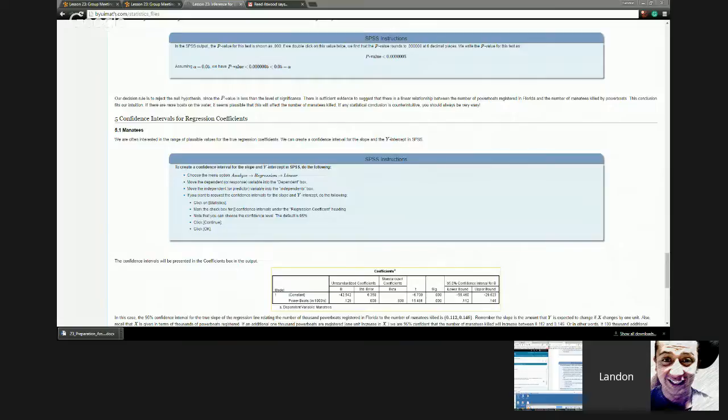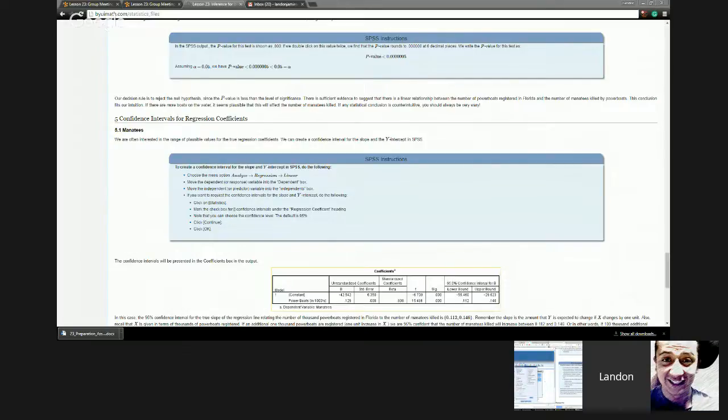Move the dependent to the dependent. So they said that score is dependent and confidence is independent. And then it says select the Save.